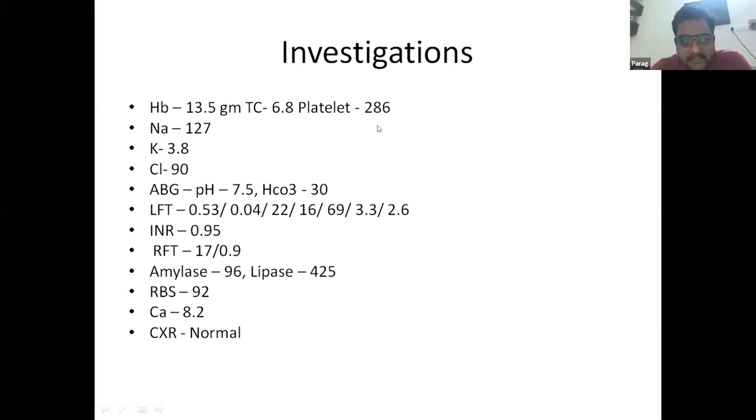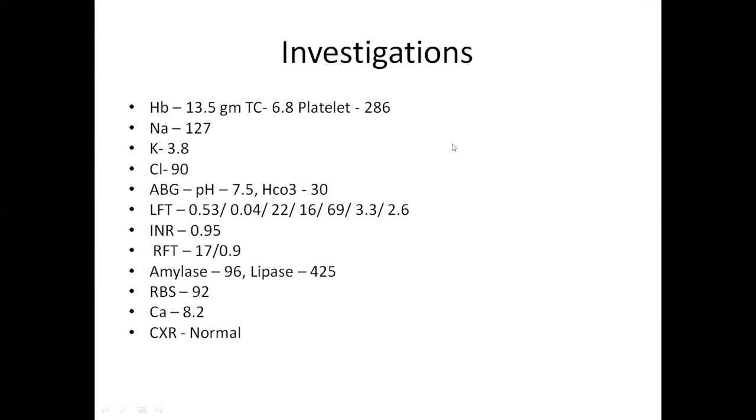On the investigations, hemoglobin is 13.5. Total counts are 6,800. One year of vomiting, good. Sodium is 127. Potassium is 3.8. ABG showing alkalosis of 7.5 with a bicarb of 30.